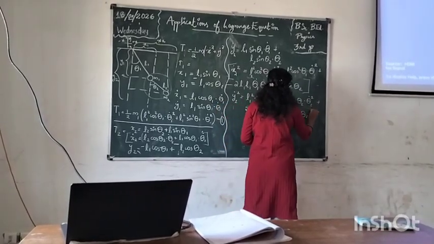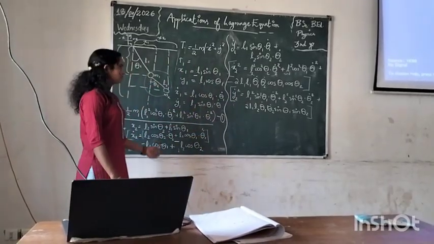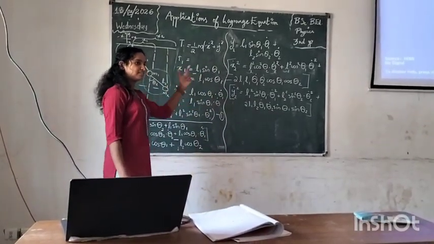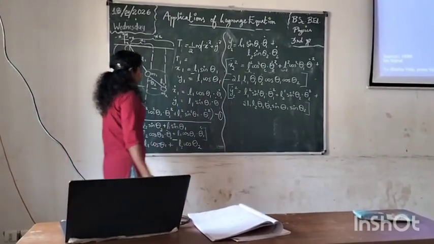This is our y2 dot square. So on adding both of these, we will get our T2.